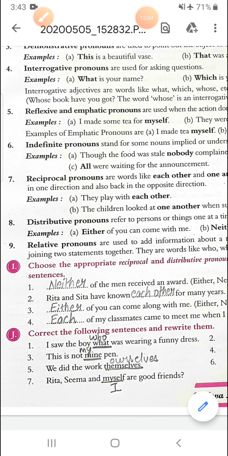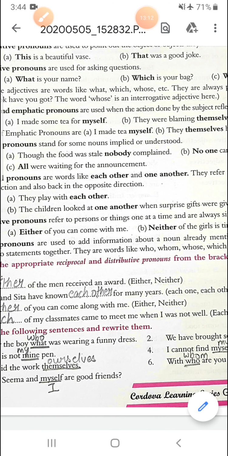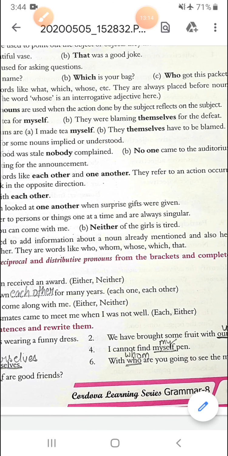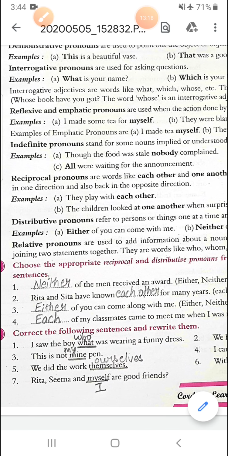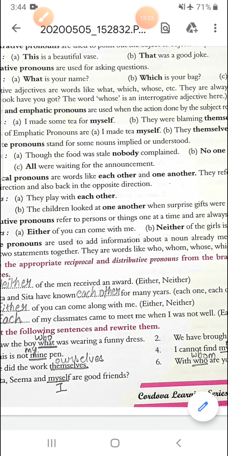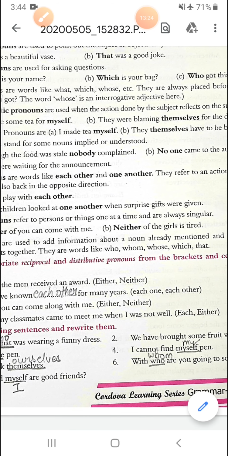The ninth one is relative pronouns. Relative pronouns are used to add information about a noun already mentioned and also help in joining two statements together. They are words like who, whom, whose, which, that.